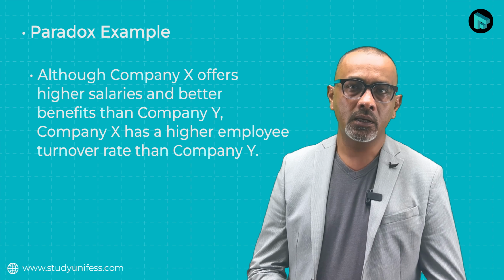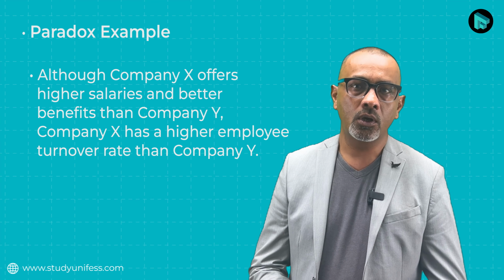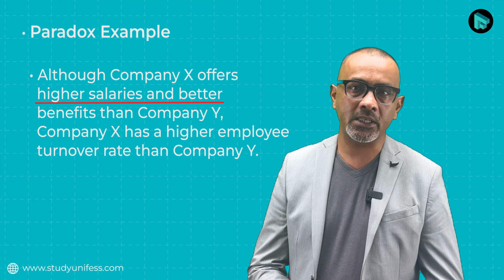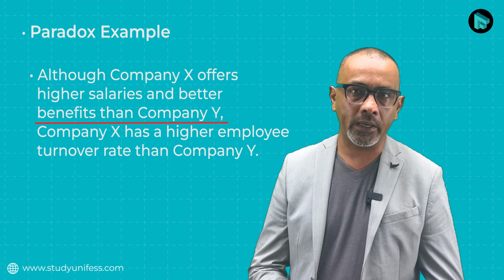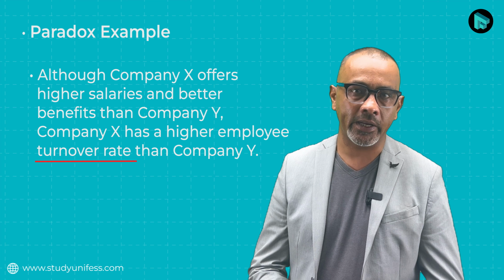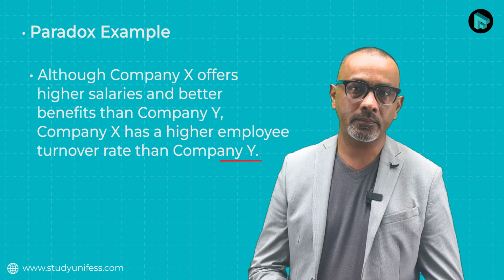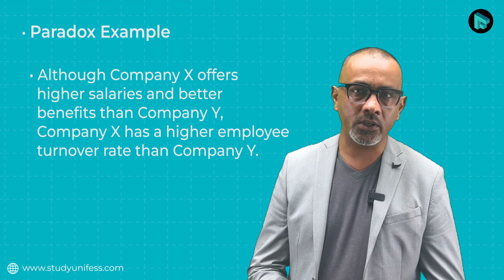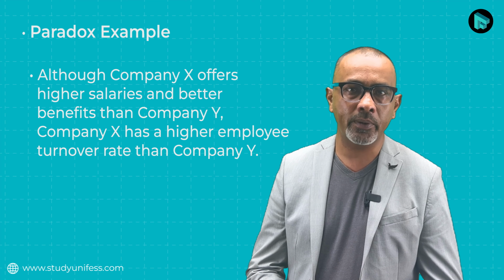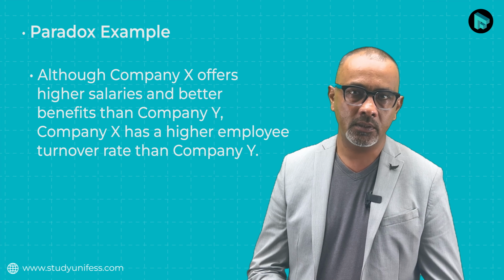Let's see another example of a paradox. Let's read this together. Although Company X offers higher salaries and better benefits than Company Y, Company X has a higher employee turnover rate than Company Y. This is the contradiction and irony that always occurs in GRE and GMAT paradox question passages.